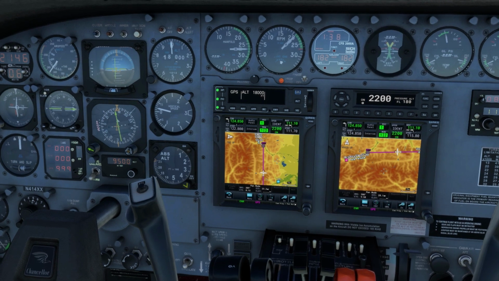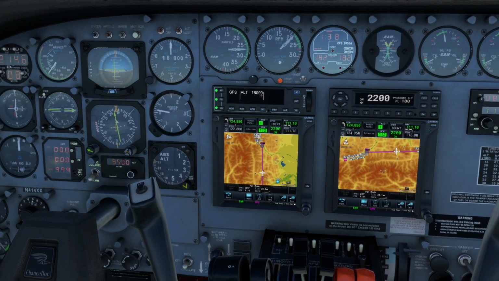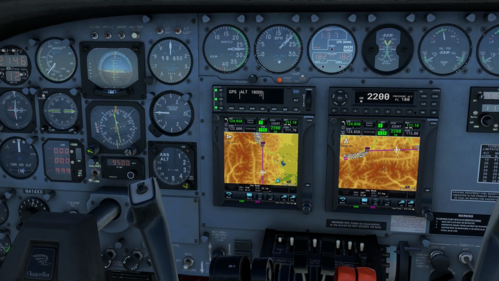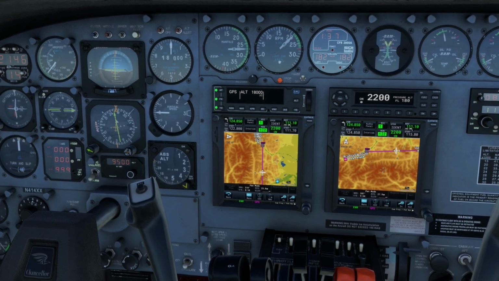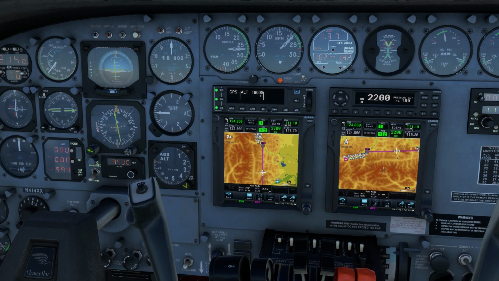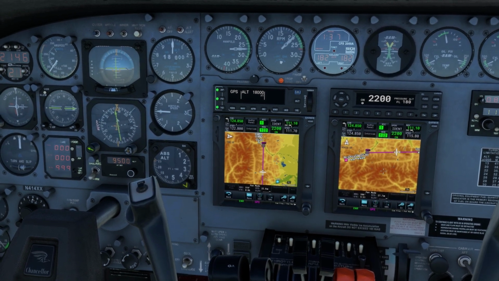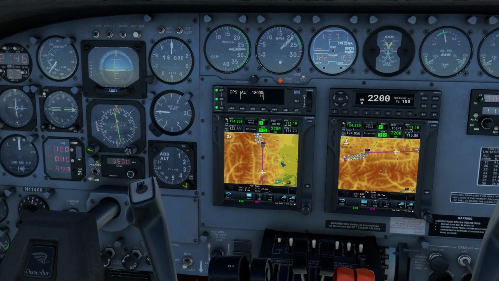I've calculated that at 120 knots I have to sustain a descent rate of about 800 feet per minute, which is quite high but manageable.